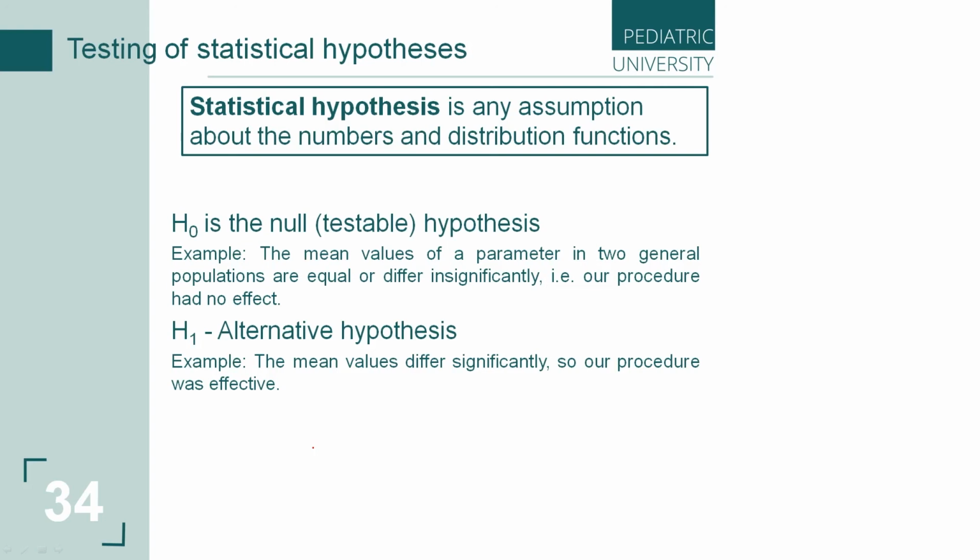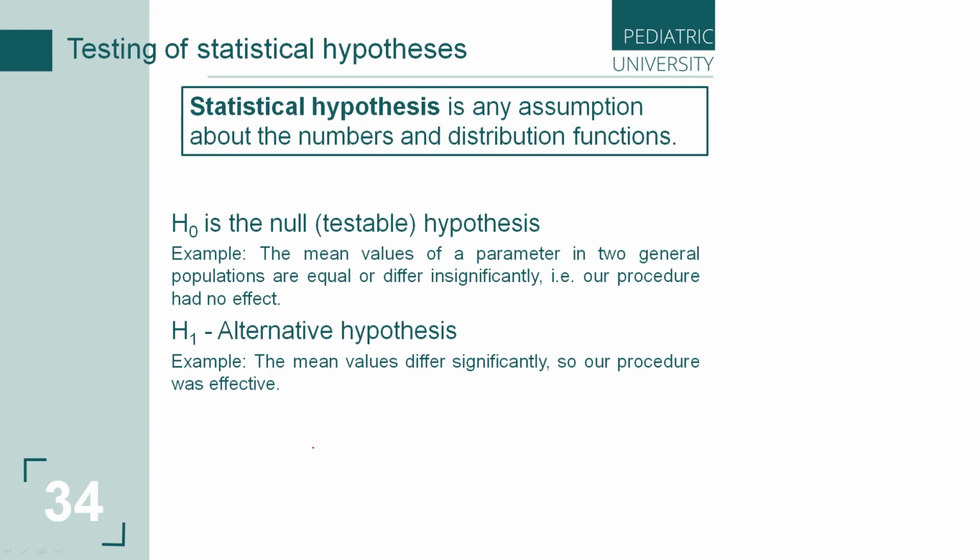There may be an alternative hypothesis when, for example, after treatment, the index increases, becomes more, or vice versa, decreases, becomes less. So, how do we test our hypothesis?